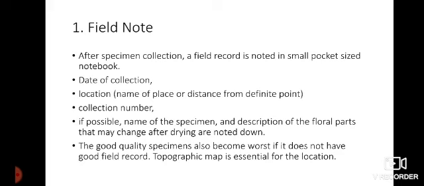A field note is nothing but a field record noted in a small pocket-sized notebook after specimen collection. In that notebook, the date of collection has to be mentioned, and the location, which includes the name of the place, distance from a definite point, and a collection number, and if possible, immediate identification of the specimen and a description of the floral parts, because that may change after drying.